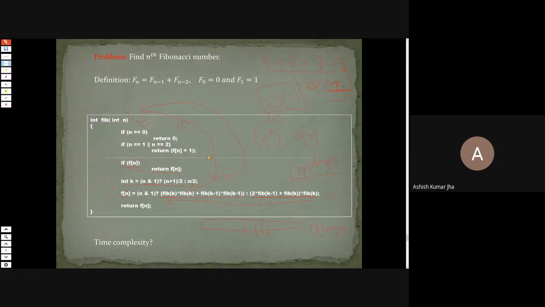Next, it will come down and check the condition for f of n, whether it is even or odd. As the value is 10, it will go to the second condition. So it will compute 2 into fib of k minus 1 plus fib of k into fib of k.